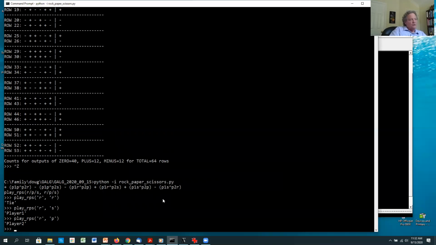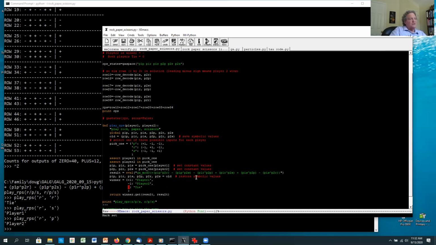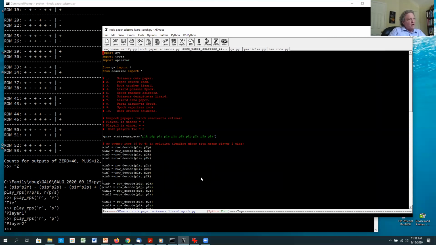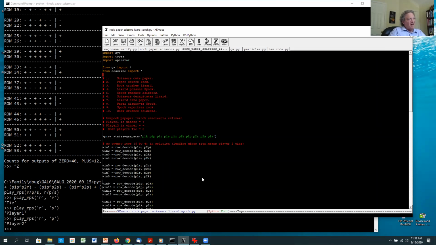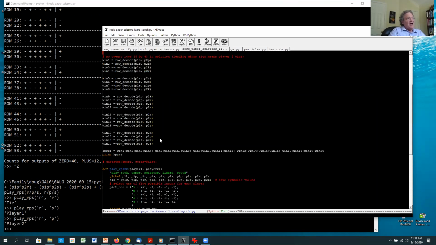Okay, I also did the same thing with rock, paper, scissors, lizard, Spock, which is a version from Big Bang Theory, where instead of having only 3 terms, this has 5 terms, and you have a total of 10 rows of possible combinations of these, and you get a total of 20 expressions when you do this.